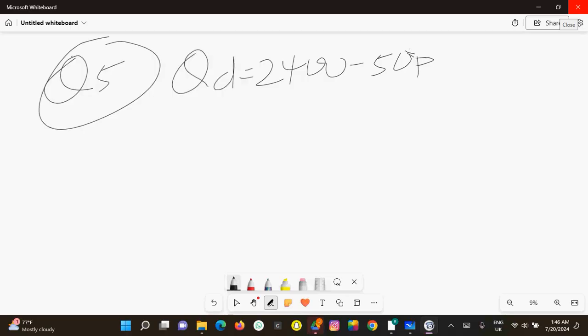And then the total cost function is equal to 0.25Q squared plus 0.5Q plus 20.